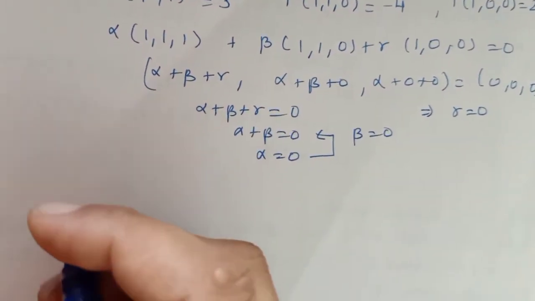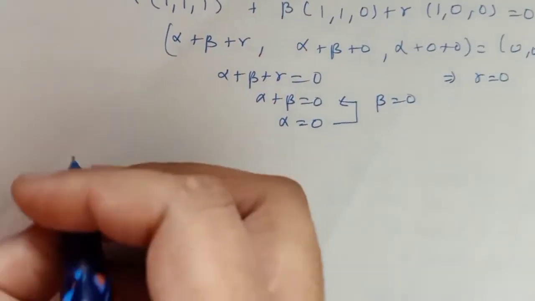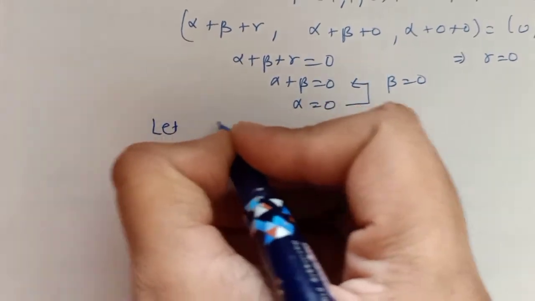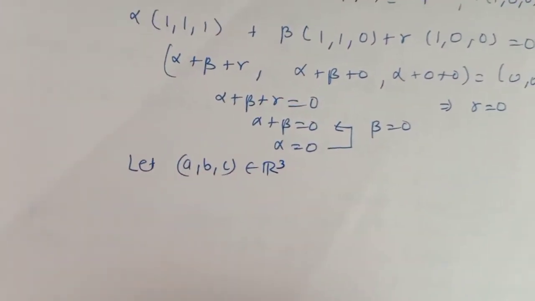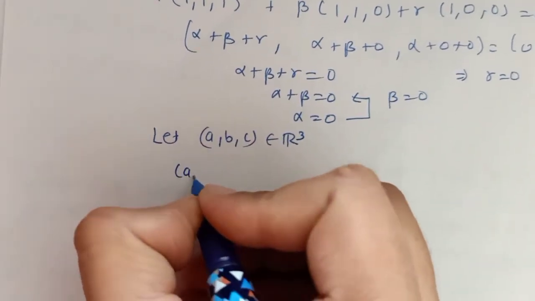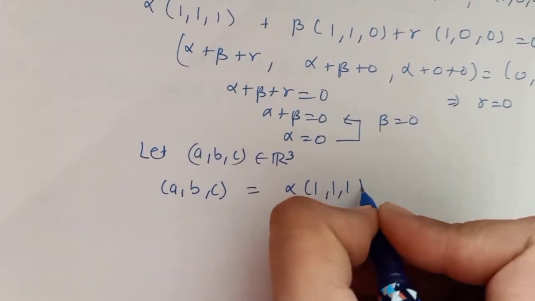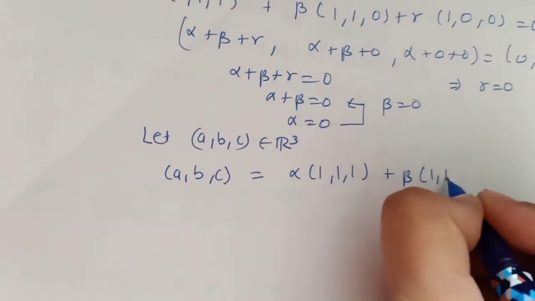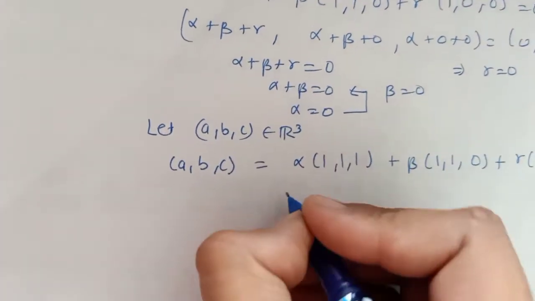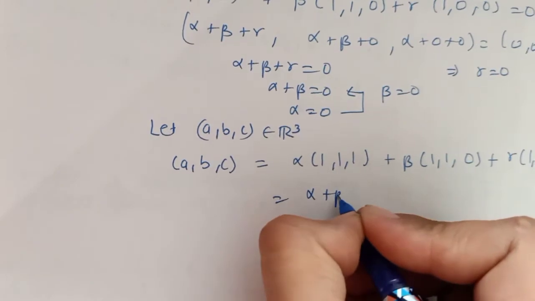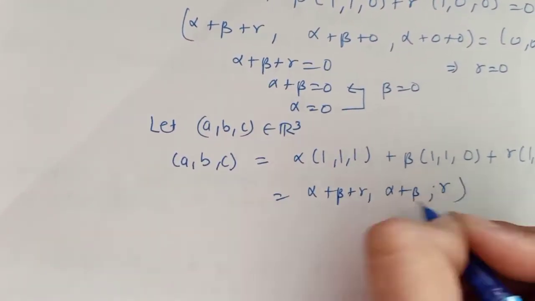Now we have to show that these span R-cube. So for that we need an arbitrary vector from R-cube, and we have to show that we can write this vector (a, b, c) as a linear combination of the elements of the basis. So I am writing like this, and combining these, this will be alpha plus beta plus gamma, alpha plus beta, and gamma.